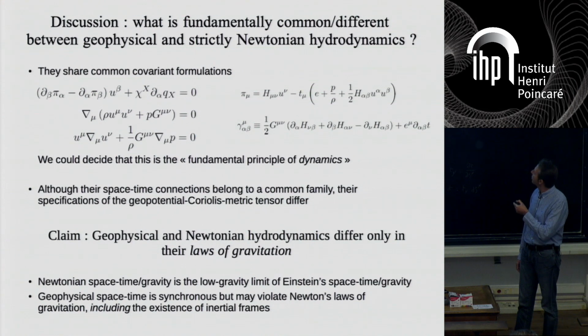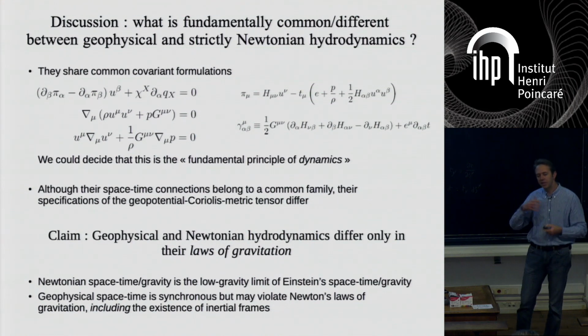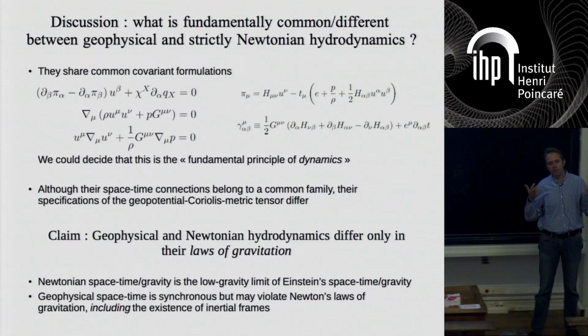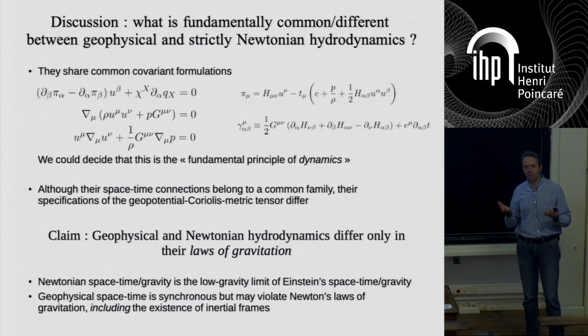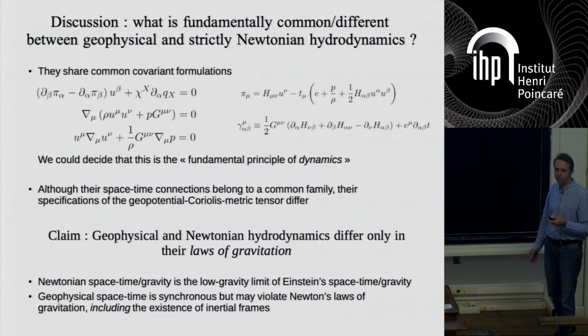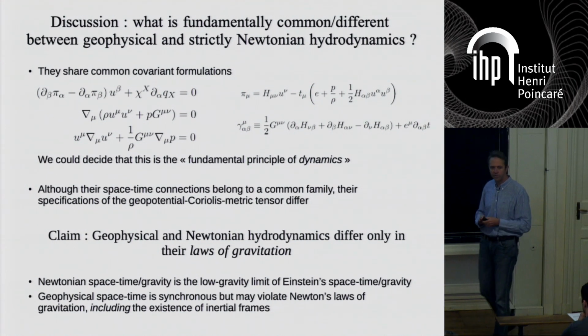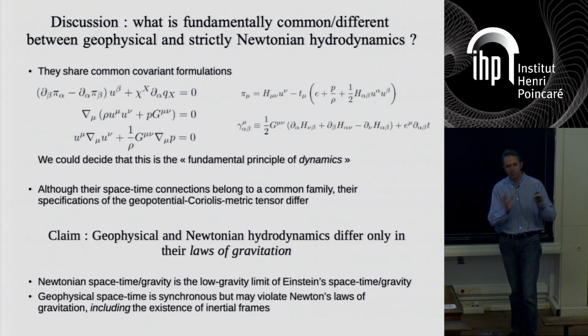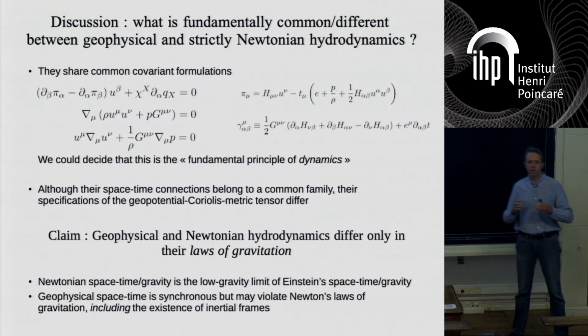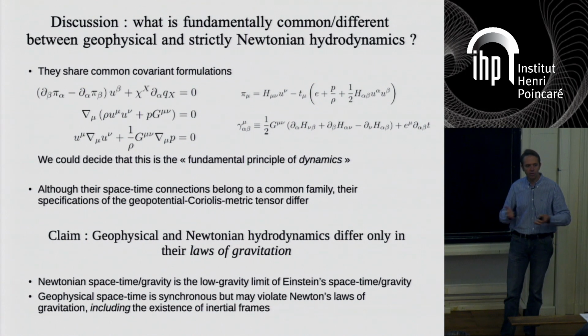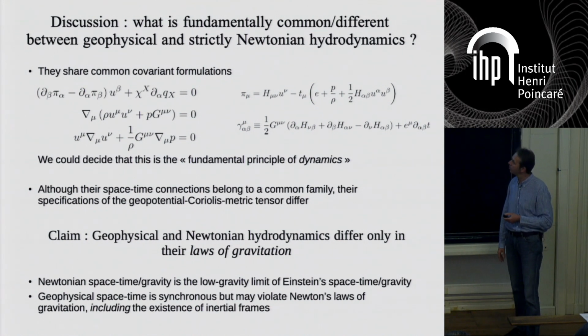Because these are the fields that shape space-time, they really define the gravitation theory that you have behind, which we consider here as given. We're not in the business of gravity, we're in the business of understanding the dynamics that result from a given gravitational field and a Coriolis vector and so on.